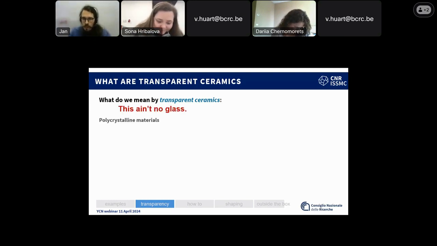So let's have a further look on the shaping part, and in particular on what I see as really a potential game changer for ceramics, or for transparent ceramics, and that is composites in terms of macroscopic composites, not reinforcing for having better mechanical properties, but combining parts that have a different composition.